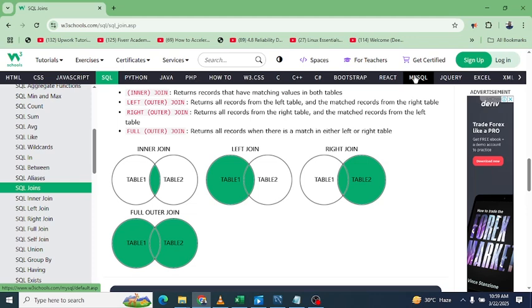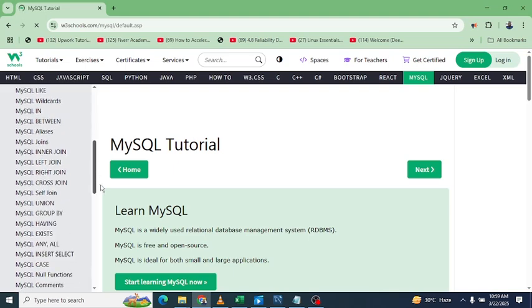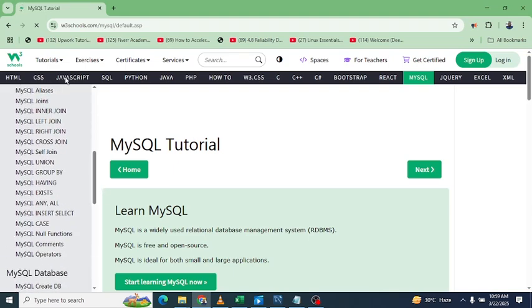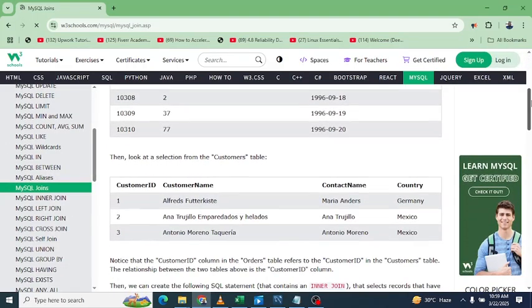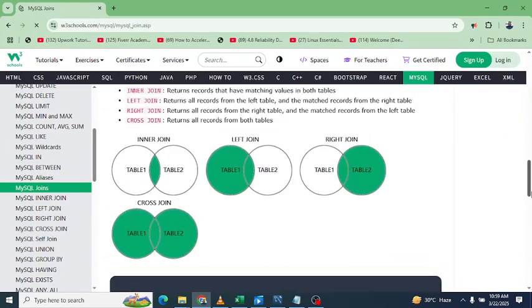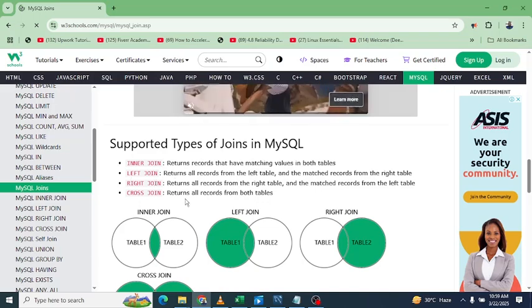If you go to MySQL here right now, you will see it's not going to call it full outer join. They have their specific name for that full join. So let me quickly go to the MySQL join page here. I refer majorly to this website because it's very explanatory. So in MySQL, they call it cross join. So we have inner join, left join, right join, and cross join.